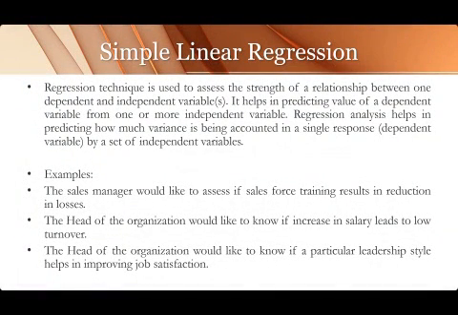Whereas when it comes to correlation, we are able to assume there is a relationship and we are going to test it. But 100% we cannot say that this is happening because of this one. One cannot say cause and effect relationship between two different variables as a part of the correlation test. But when it comes to the regression test, one can predict that just because of this particular variable, this is happening.